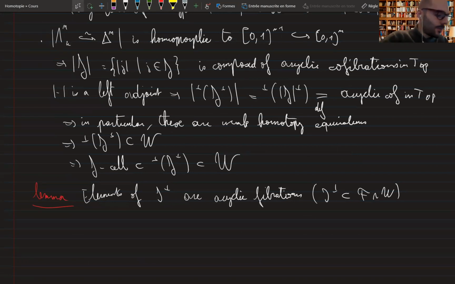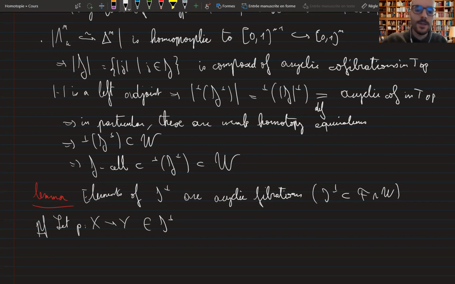All right, so for the proof, let P be some map which has the right lifting property with respect to I. So we have proved that P, in particular, has the right lifting property with respect to I cell.